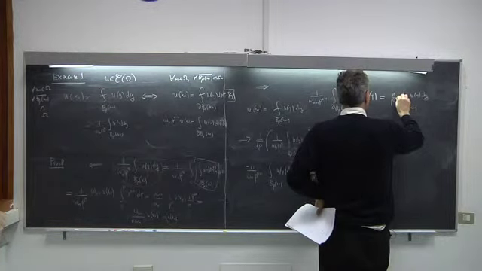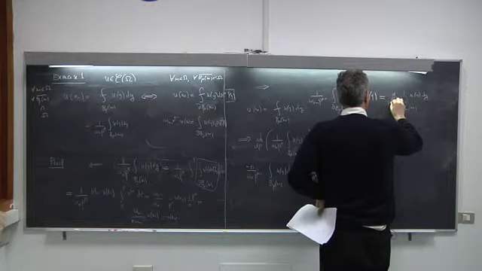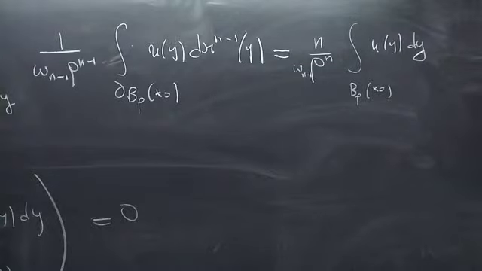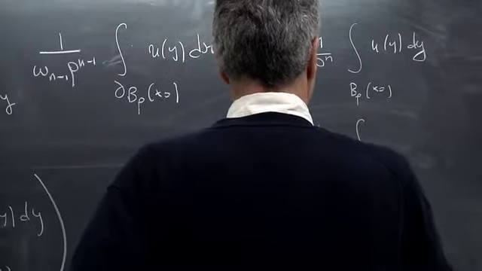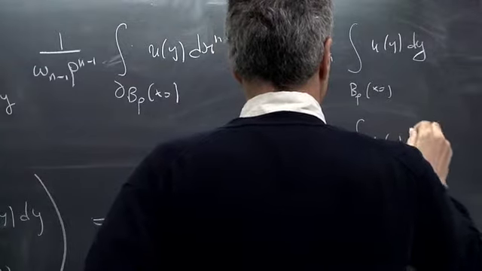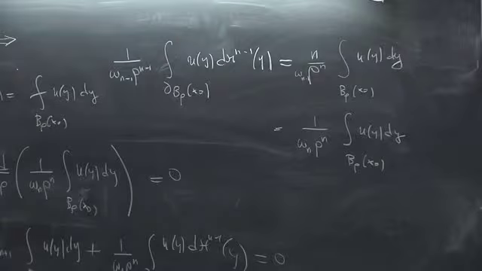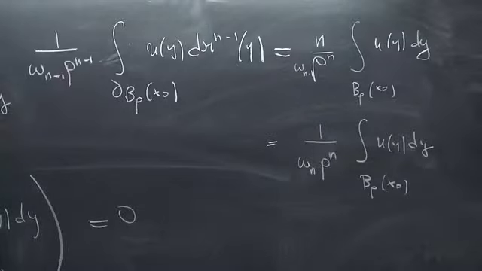So I have rho to the n, and then I have omega n minus 1. And again, omega n. Is it okay?